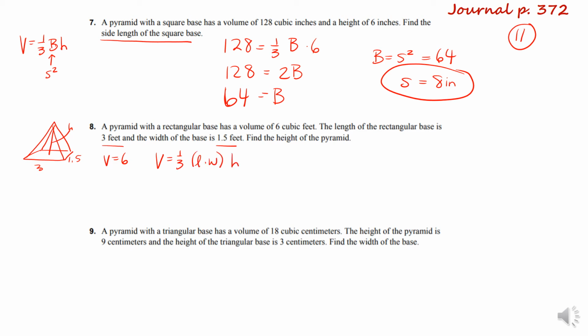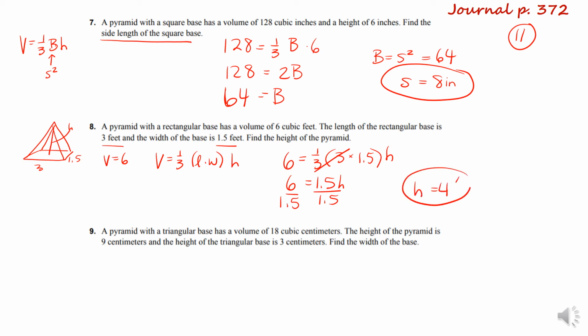So 6 equals 1/3 times 3 times 1.5 times h. So I just cancel these, and I get 6 equals 1.5 h, divide by 1.5, and I get h equals 4 feet. And there's the answer to that one.